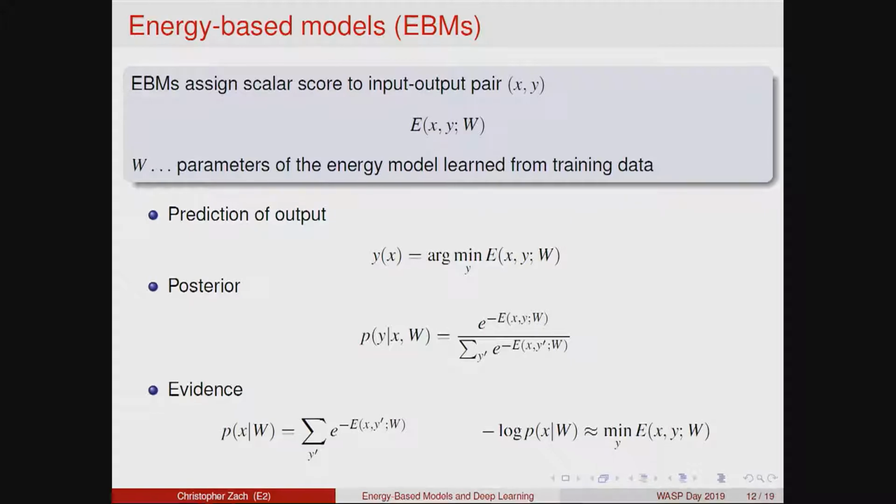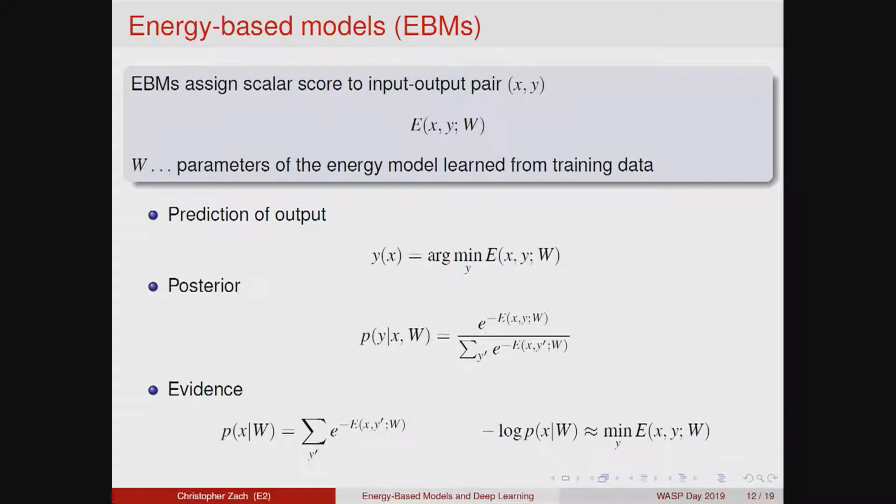And one possible approach to assign some value of confidence to inputs given a trained network could be an energy-based model, which I will just summarize briefly on the next few slides.